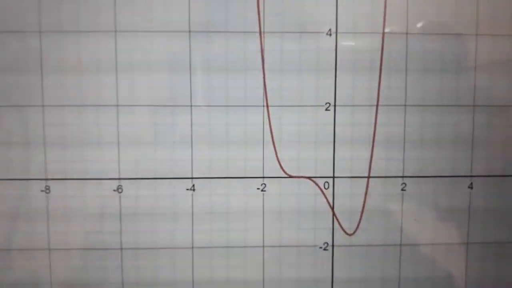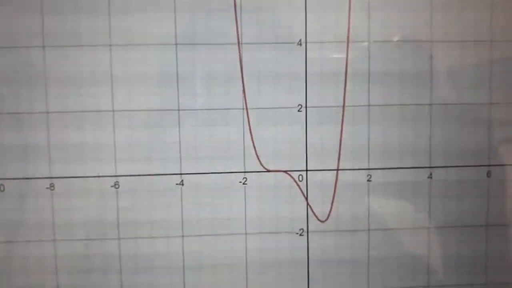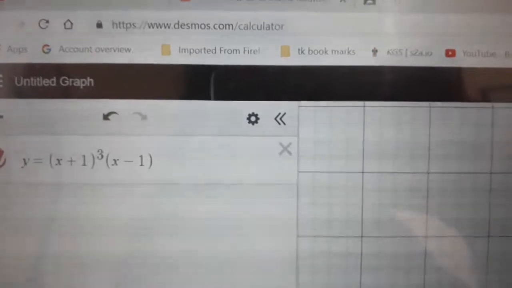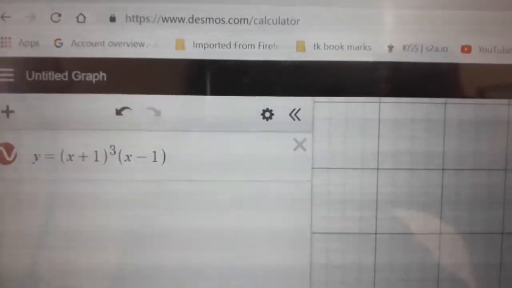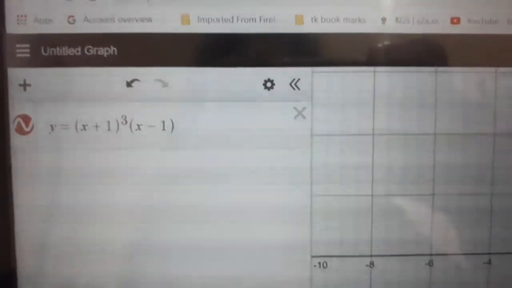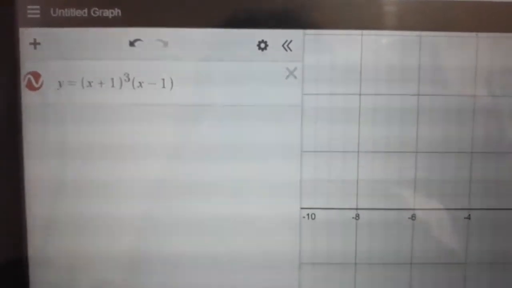So that's why the gradient was 0 here. You can also type desmos.com into your web address and you will see this calculator. I have always found it very useful to explain to the students this way, as visually they understand better.